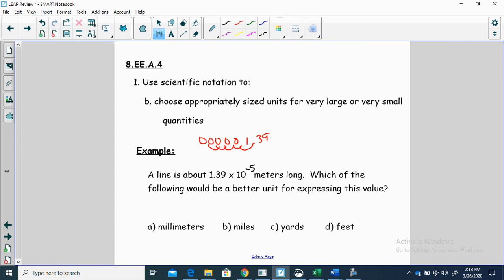You're talking about something that is 0.0000139 meters. Which of the following would be a better unit for expressing this? Millimeters, which is very small. That's a 1,000th of a meter, right? Miles, yards, or feet. Well, if this is very small, millimeters would be our best option.